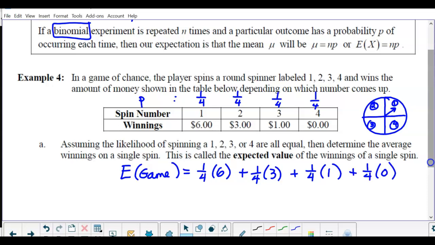So you calculate each individual expected value and add them together.